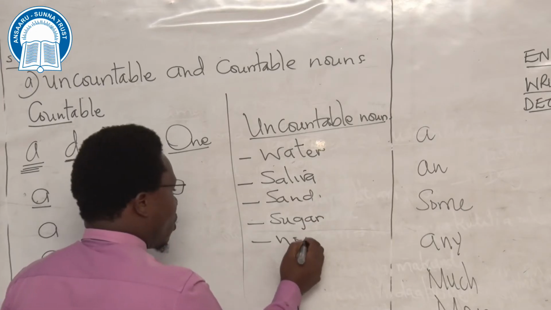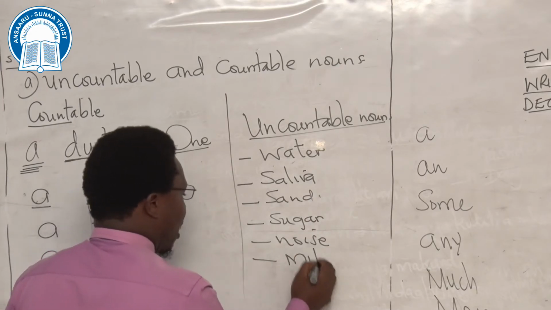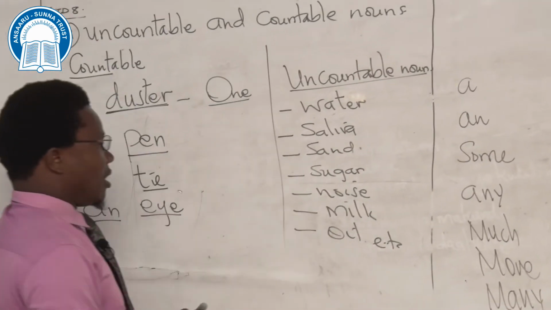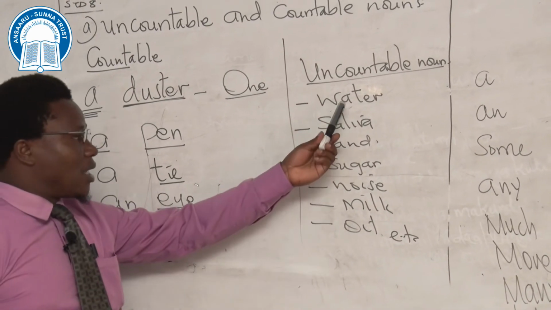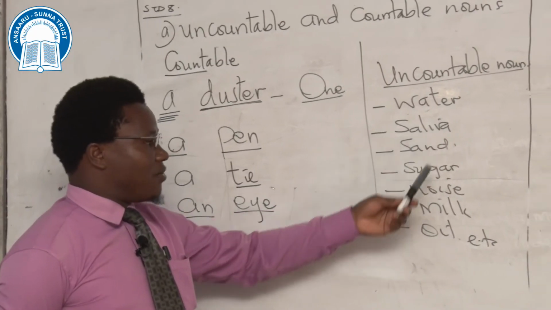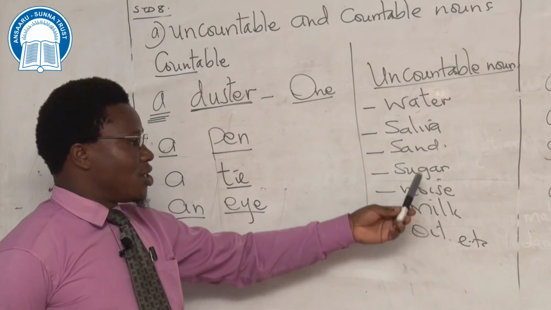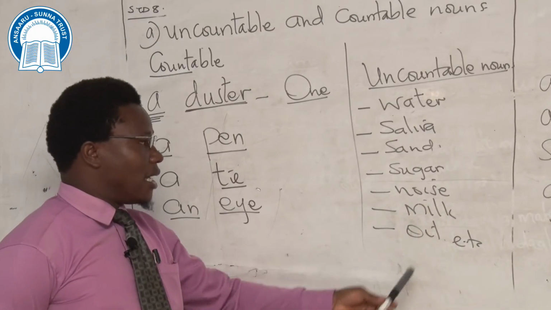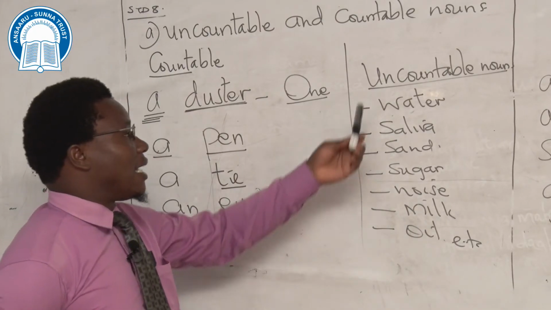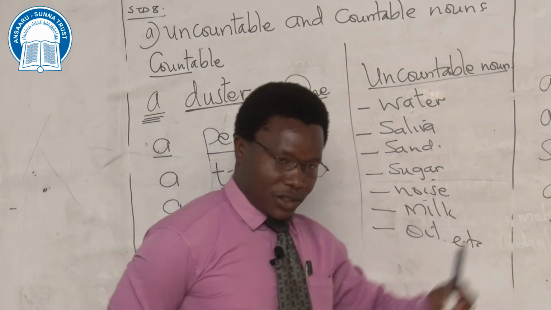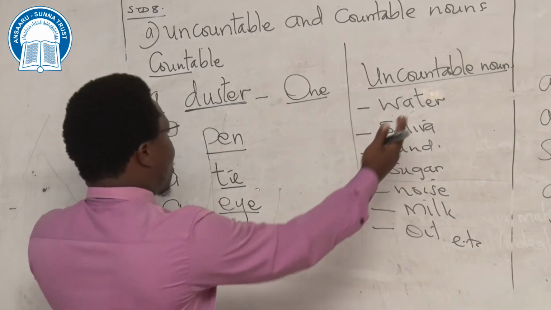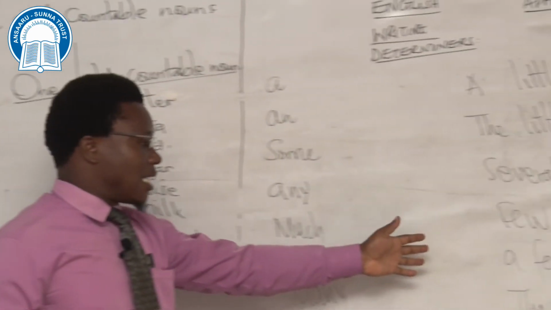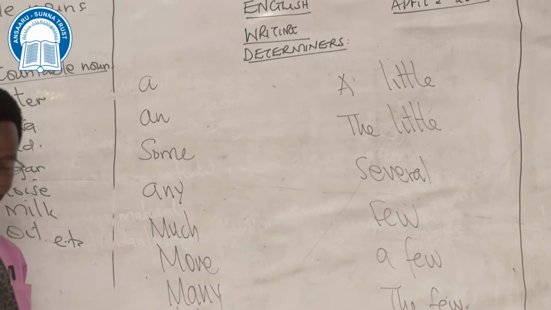We can't count noise. We can't count milk. We can't count oil, among others. So such examples as water, saliva, sun, sugar, noise, milk, oil are referred to as uncountable nouns. So we are going to use these two when explaining our determiners that have been listed here.